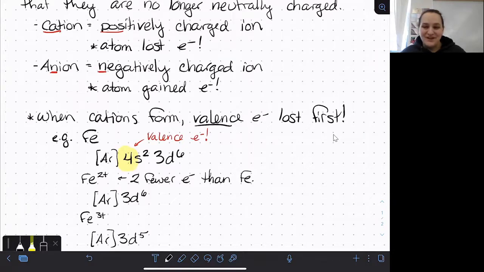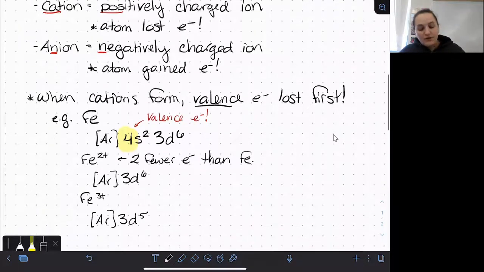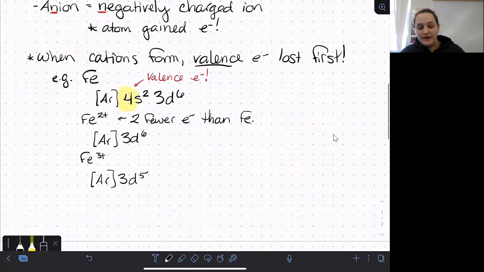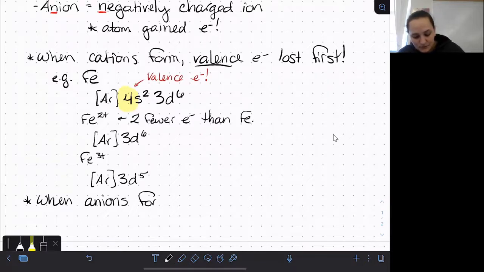So we remove 1 electron from there to get us down to 3d5. So you always want to make sure that you are removing the valence electrons when you're forming a cation. Anions are easy. When anions form, you just keep adding electrons following the same rules.